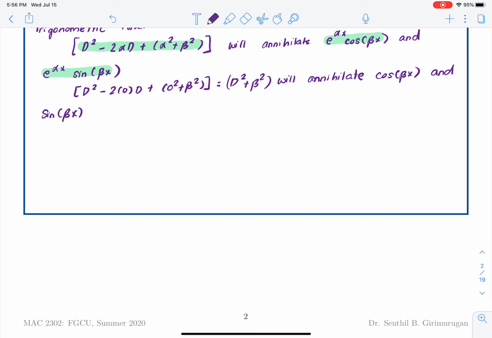What if we have a polynomial multiplied to a cosine and sine?